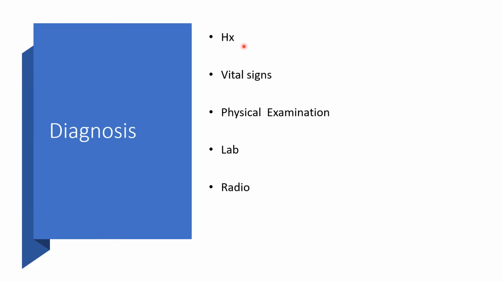We'll take history. The history will include everything that I've said before now. The history of trauma, the pain, the radiation, the characteristics, the severity, whether it wakes you up at night or not, affecting your daily activities or not, related to fever, chills or not, is it that you're pregnant?